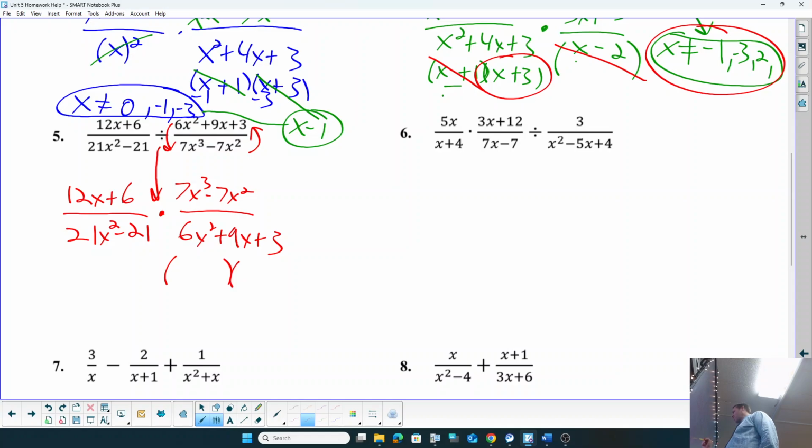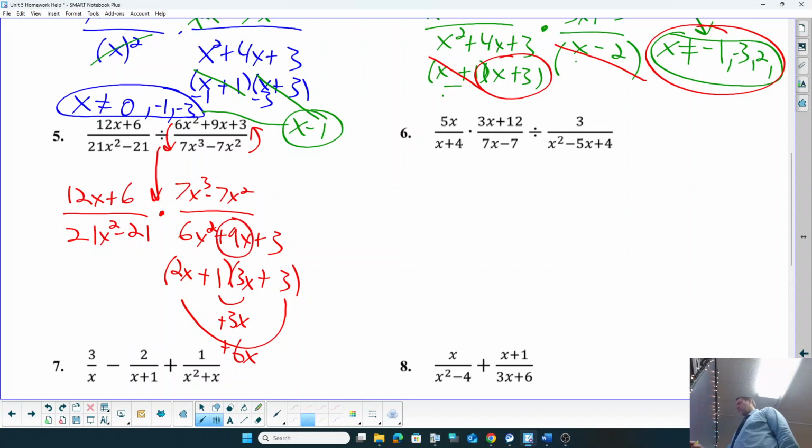Wow, what does that factor into? That's crazy sauce. Maybe a 2x and a 3x, maybe? And then maybe a 3 and a 1? Yeah! Because 1 and 3 is 3x, and 3 and 2 is 6x. And add those together, we get 9x. That's good. Okay, beautiful.